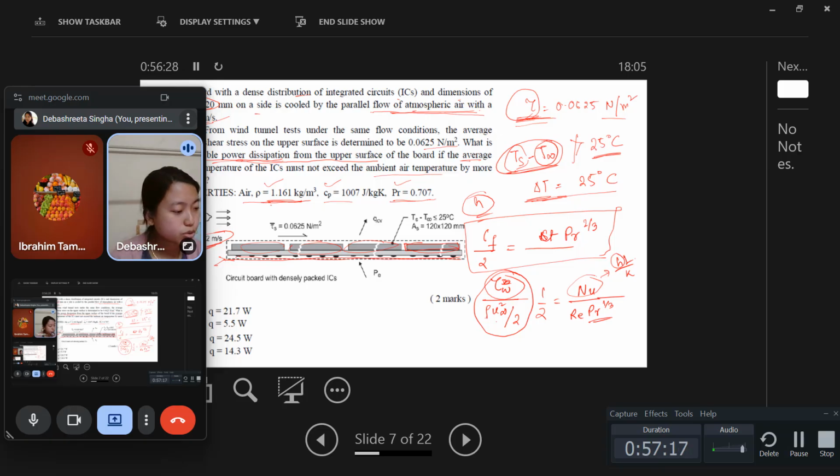Here L is also not given. But K is given. Is K given here? K is also not given, right? So all these are not given. So we need to find another way to find this out.